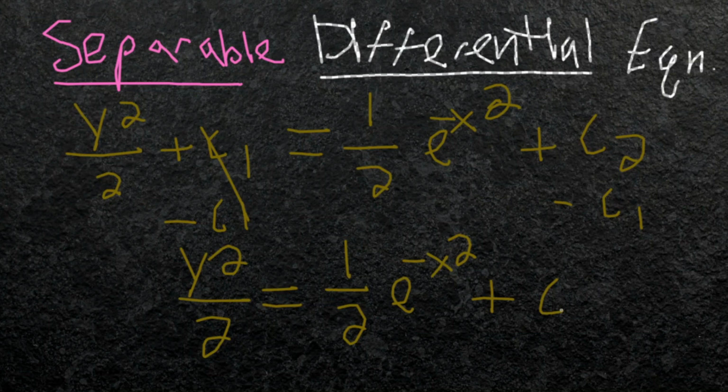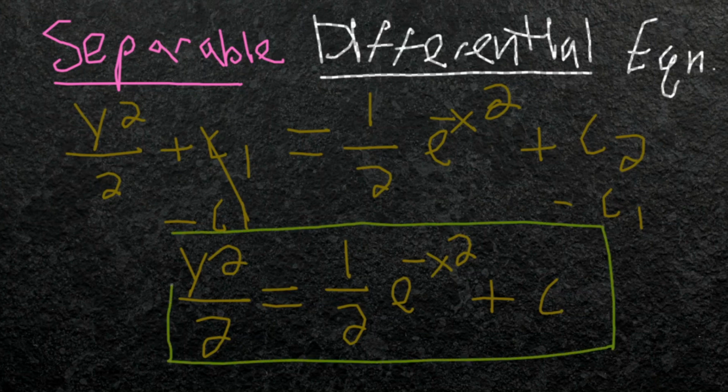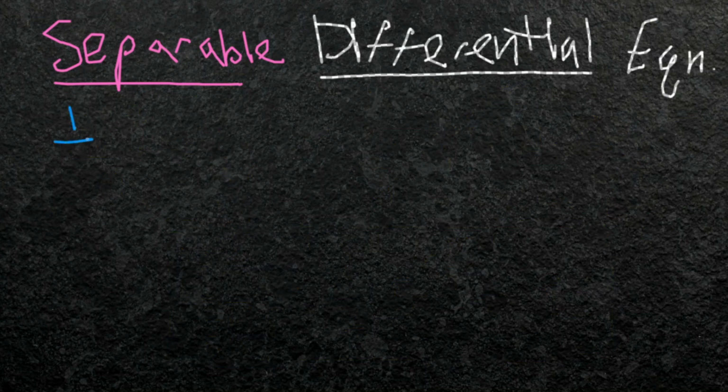And so now this is a kind of general solution. We don't know what this constant is, and we haven't explicitly solved for y yet, but in this form, we can now find a particular solution using this initial condition. So it tells us when x is 0, y needs to be equal to 1. So we would have 1 squared, which is just 1, over 2 is equal to 1/2 e to the negative 0 squared.